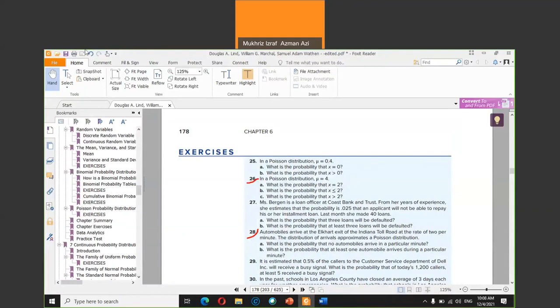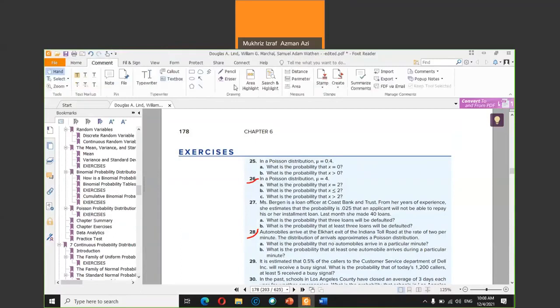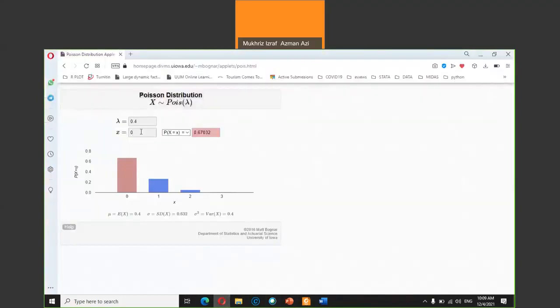So the way that you can convert this is to use the greater or equals to sign. So it will be x greater or equals to 1, because more than 0 means 0 is not included. So it will be 1 and above. So you need to plug in 1 in the calculator here instead of 0.